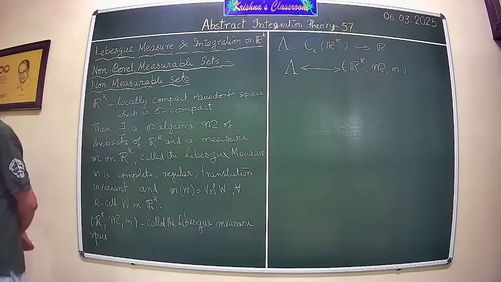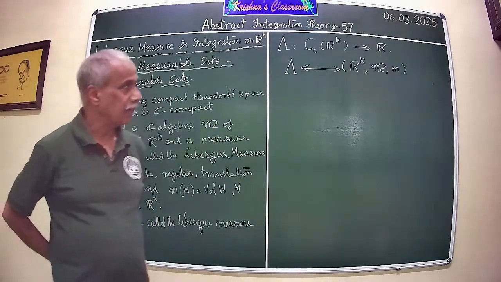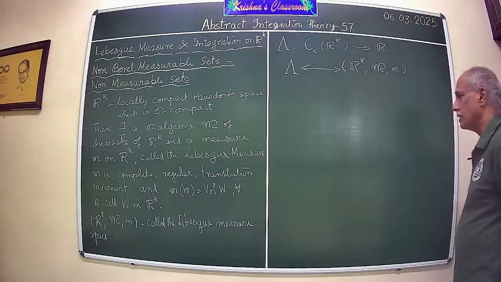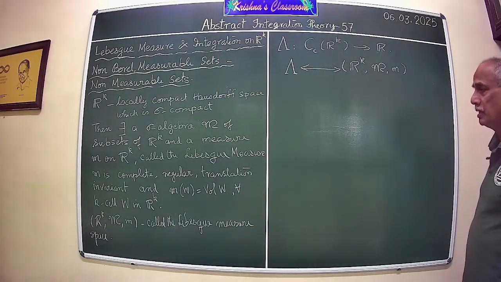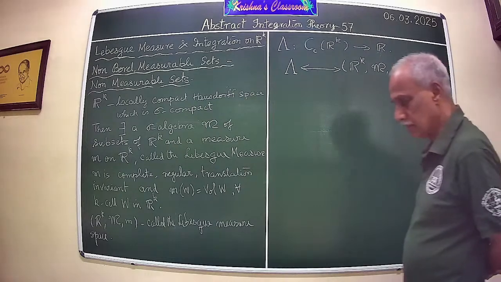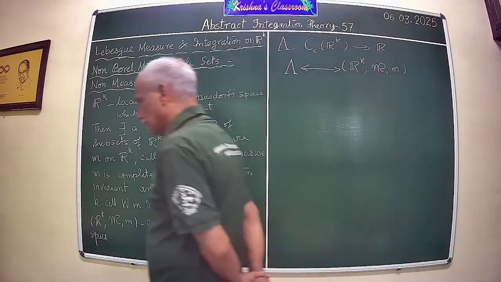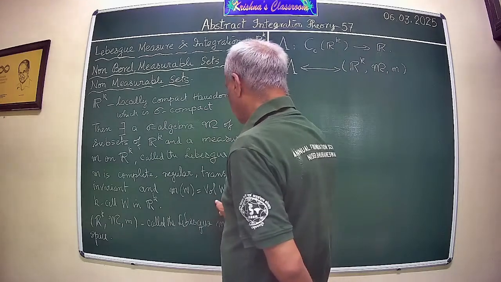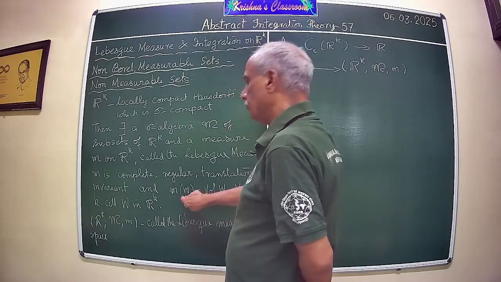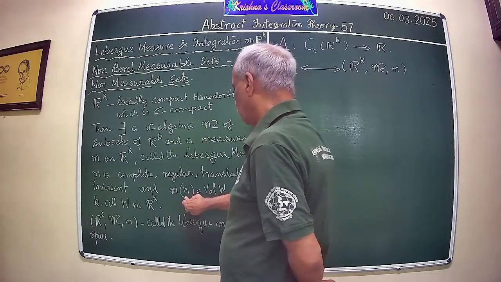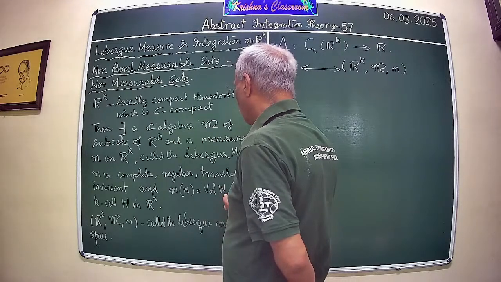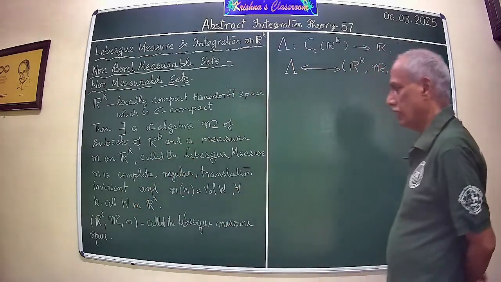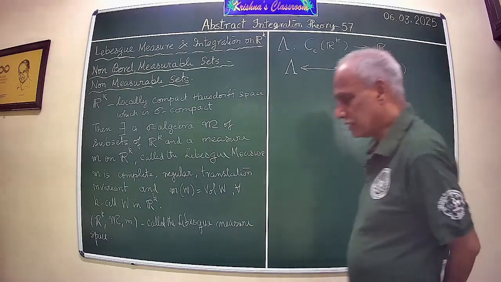So it is from the integration theory that we have come across this, and there of course for intervals the Lebesgue measure becomes simply the length of the interval, which is the analog of that: the Lebesgue measure of W is equal to the volume of W for every K-cell. Okay. It is translation invariant.